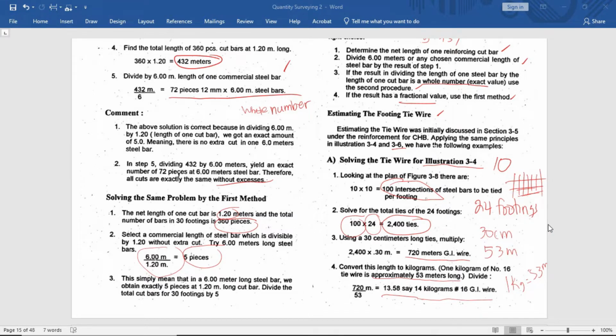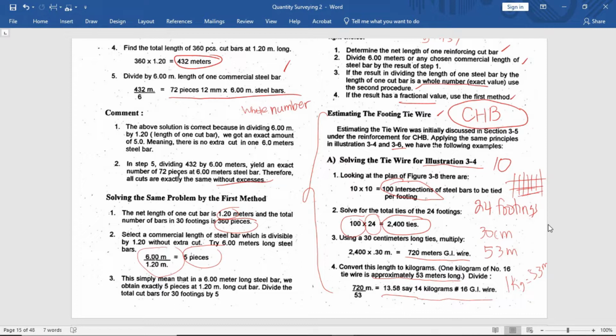Baka malito kayo, yung table kanina, last time na ginamit natin is for CHP lang yon, yung table. Ngayon, itong computation na ito is for kung hindi ito CHP, pang footing ito, or ito yung gagamitin natin.